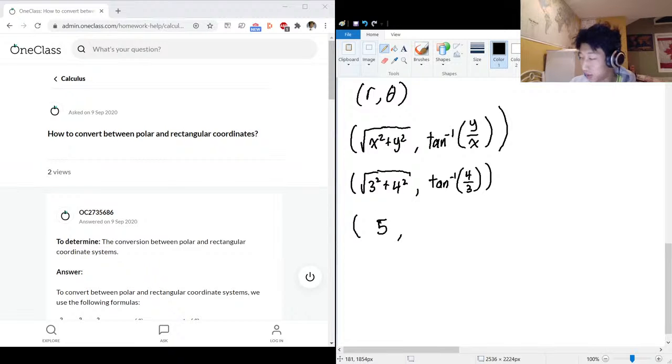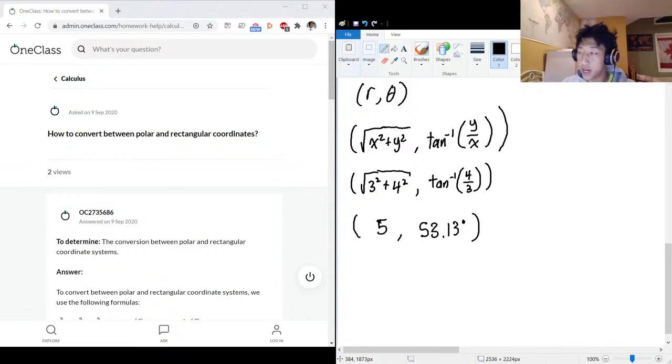And what's the angle going to be? Well, mental math of inverse tangents is a little more difficult, so I'm going to pull out my handy dandy calculator and do the quick calculation of inverse tan of 4 divided by 3. It's about 53 degrees, 53.13 degrees.